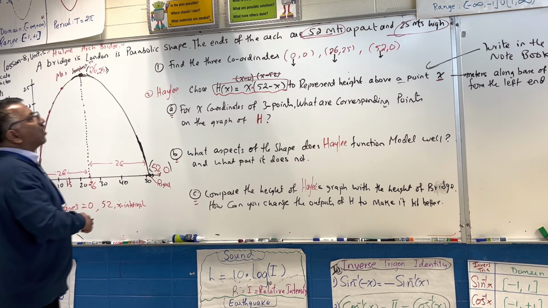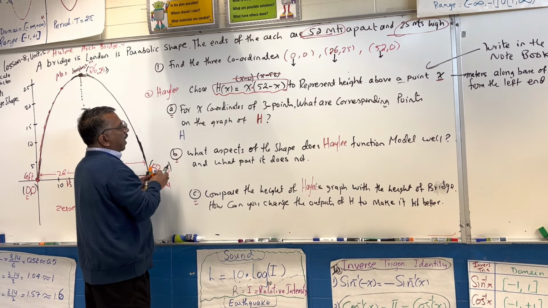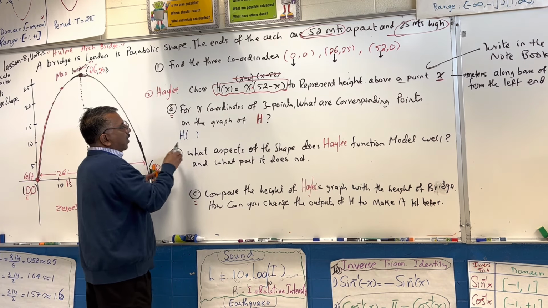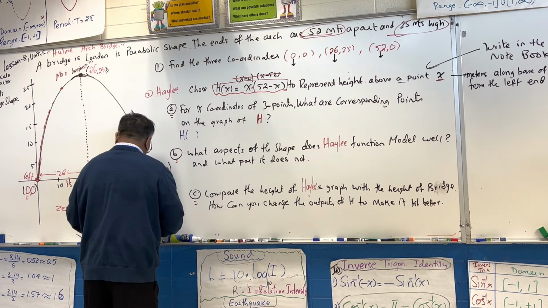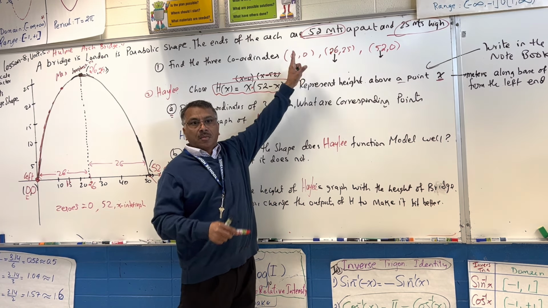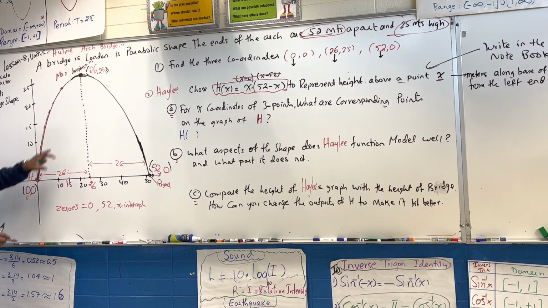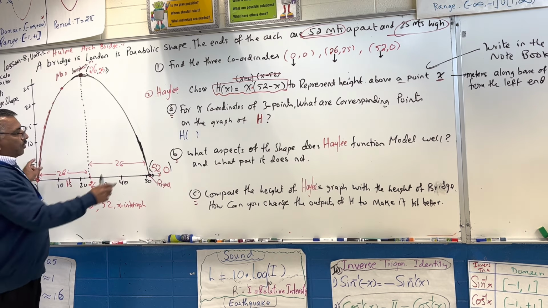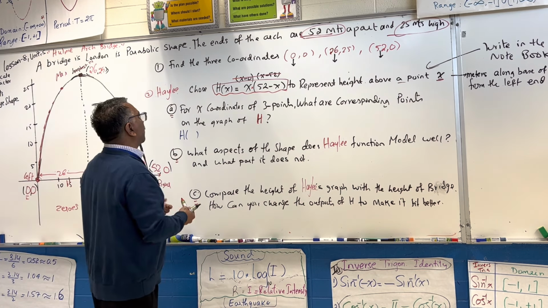So height h, that's right, h at first one is 0. So I'm plugging in first one, x is 0. So those are the 3 points, remember? So 0, 26, 52, you plug it in Haley's equation and see what happens.